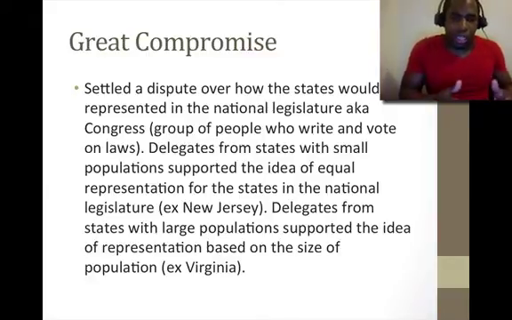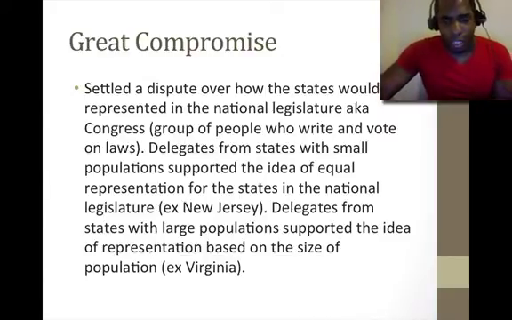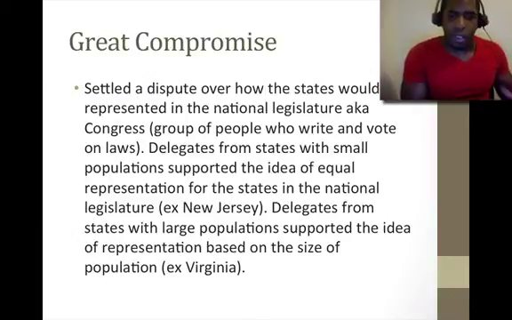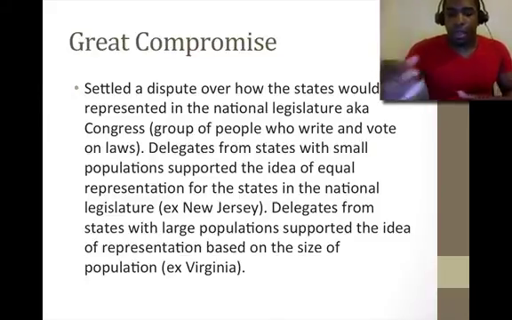So the larger your state is based on population, the more people you're going to have represented in Congress. So today, this is the reason why you have the House of Representatives and the Senate. The Senate is a fixed number at 100, and the House of Representatives has well over 400 members because the states vary in size.